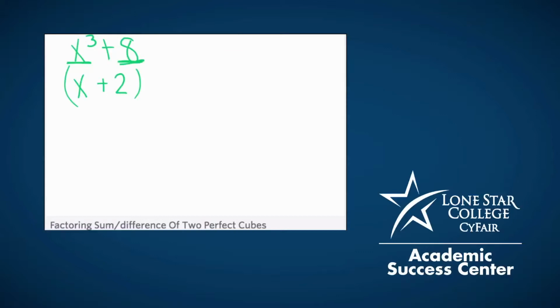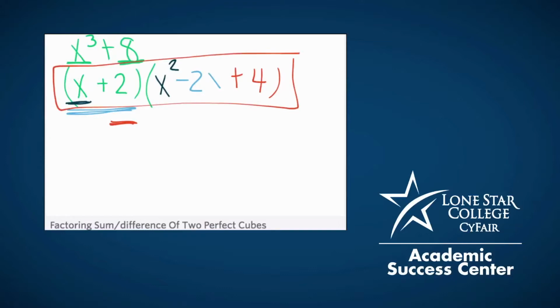Now, to continue factoring, we square the first term in our first factor, that's x squared. We multiply both terms and change our sign, so that's minus 2x. And we square the last term. 2 squared is 4. And now x cubed plus 8 is completely factored.